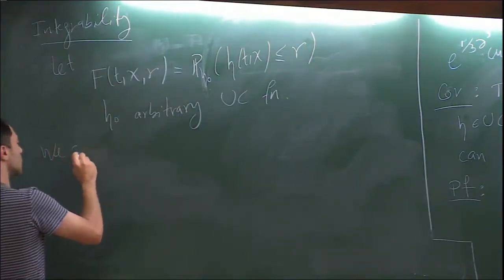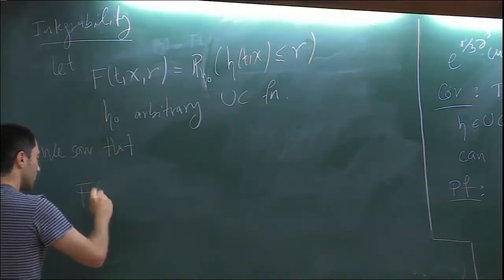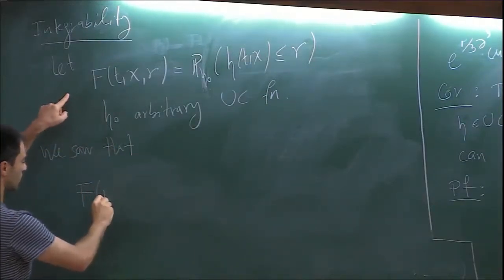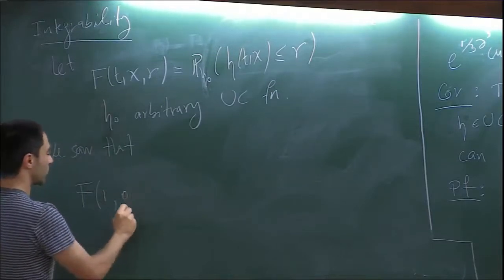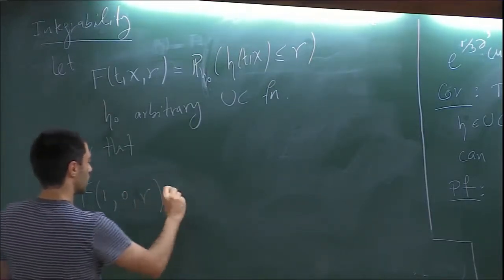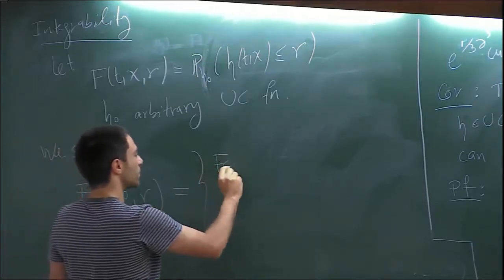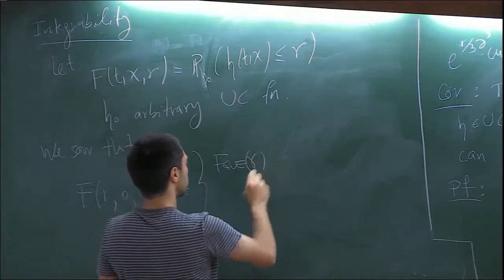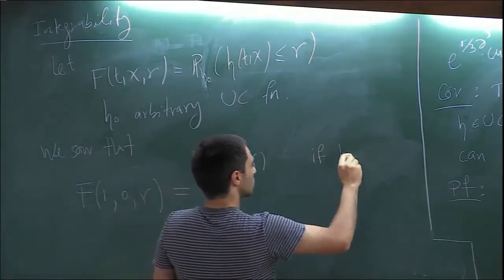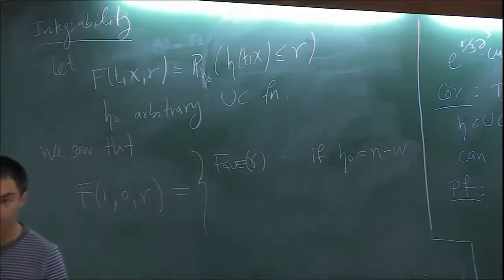We just saw that if I look at time 1, I'm going to fix x equals 0 just for simplicity, and any r, then this is the Tracy-Widom GUE distribution if H0 is the narrow wedge initial condition.